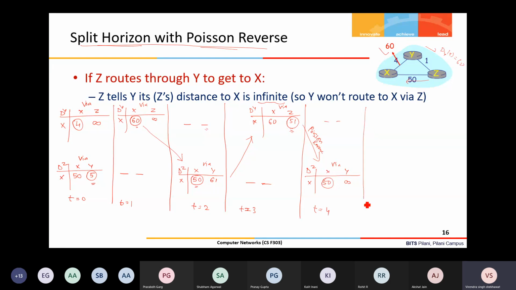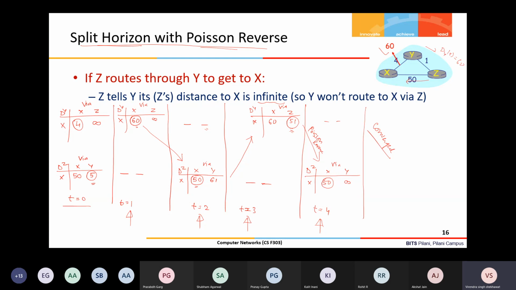Not changing means the algorithm has converged here. After that, there will be no route advertisement from either y or z. So you can see that in this case it converges in only 4 steps. This was the initial step, then the link cost change was observed by y, and after that, in 4 iterations, my algorithm has converged.